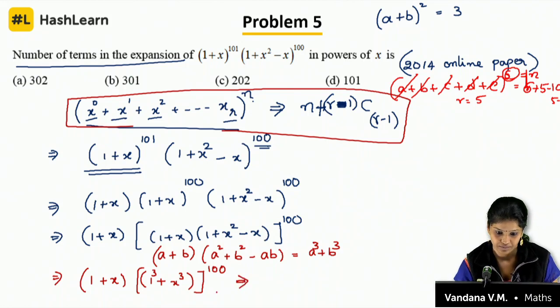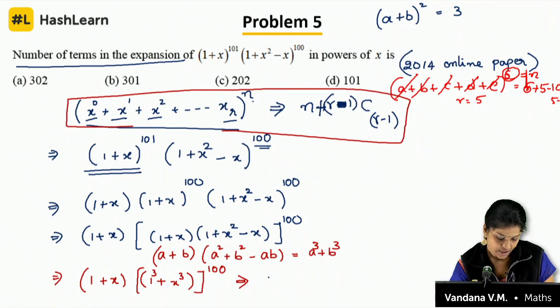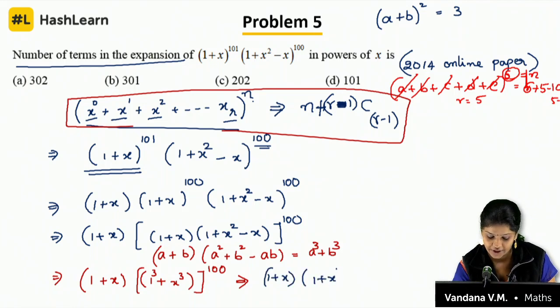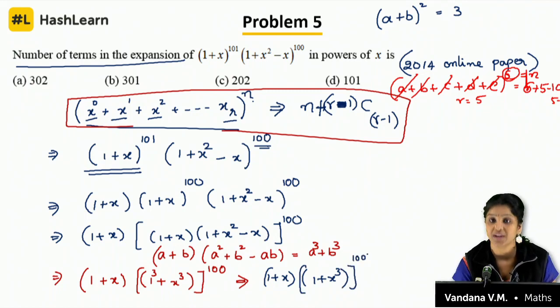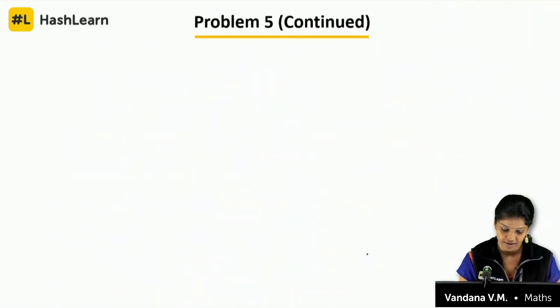Yes, Devi Priya. Now 1 plus x into 1 plus x cube whole power 100. What I did? I brought the given question to a binomial with only two terms. Now you just expand this.